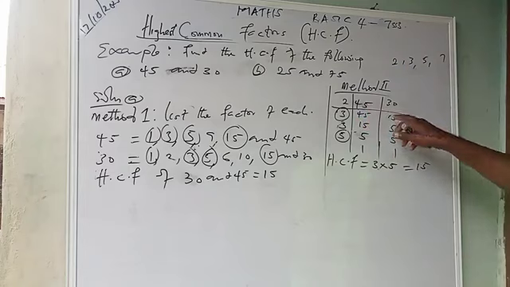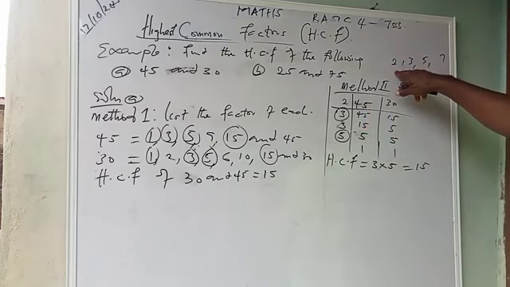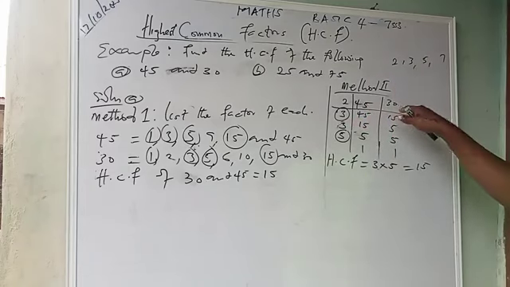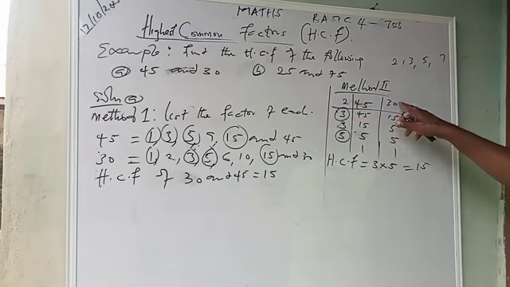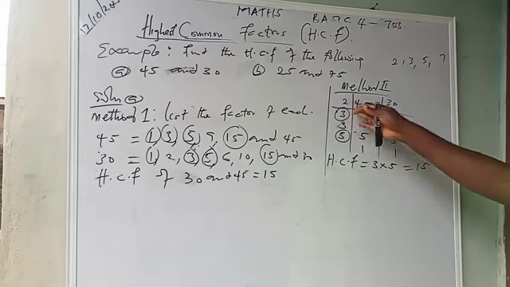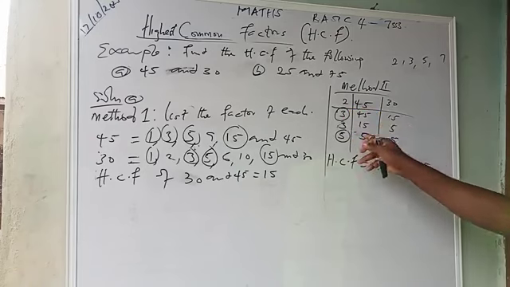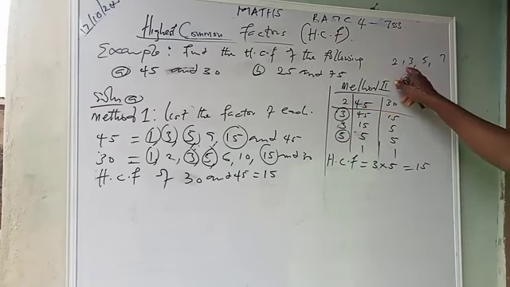So 45, 30, start from your first prime number, 2. Can 2 divide it? Yes, 2 can divide 30. You repeat your 45, and 2 in 30 gives 15. Can 2 divide any of the two numbers again? No. So you go to the next number, 3.